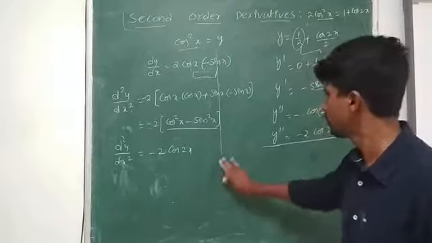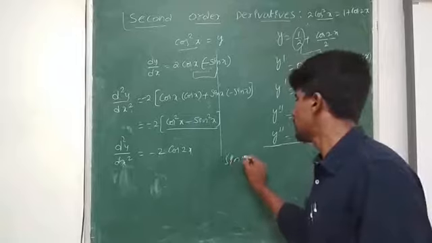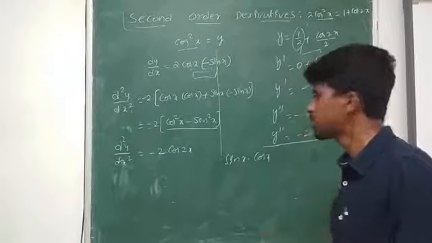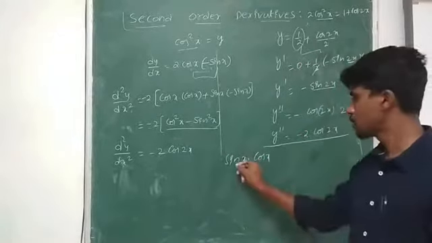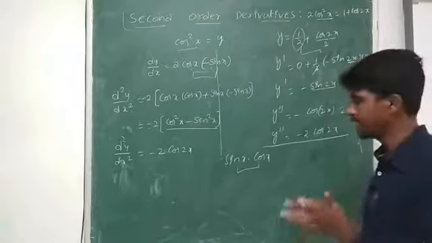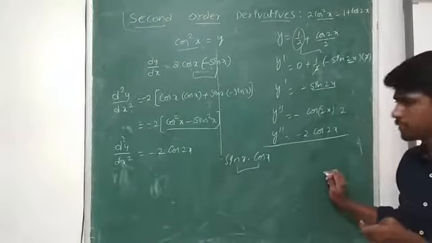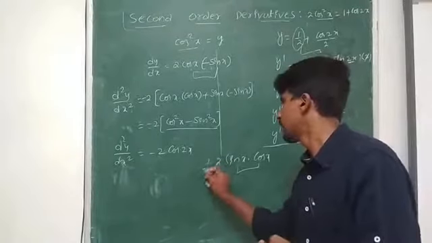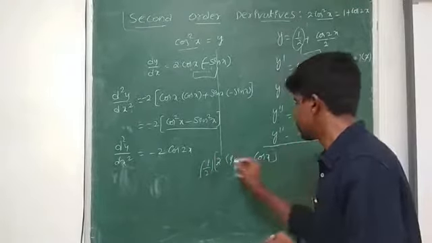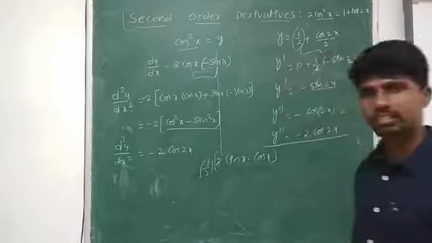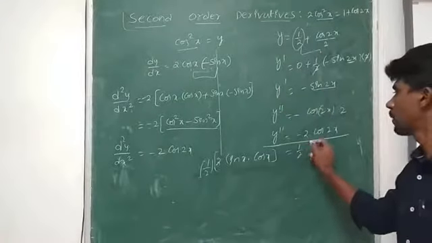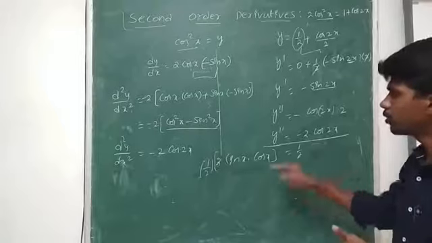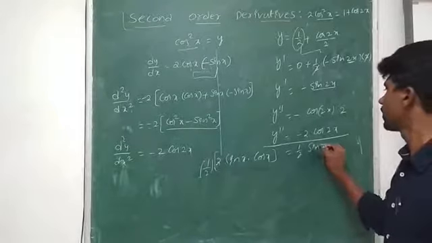Product means, you see, I have sin x into cos x. It's a product form, right? This product form, how can I convert into sum form? By multiplying and dividing with 2. So 2 sin x cos x can be written as 1 by 2 into sin 2x.